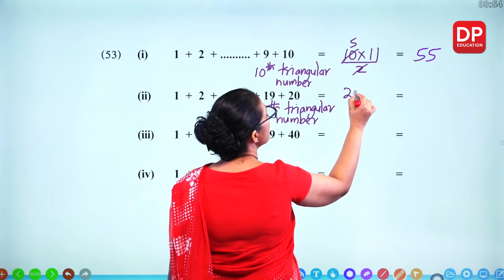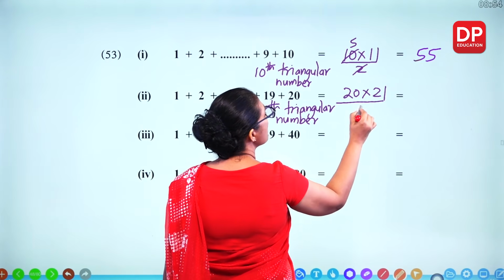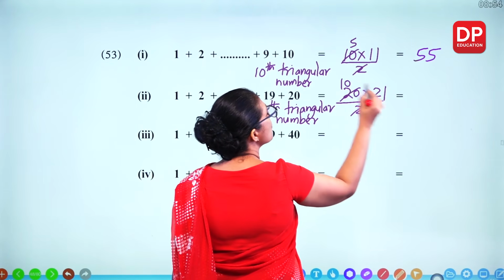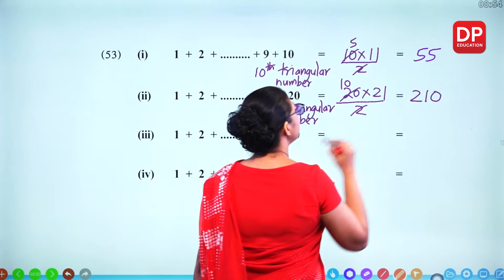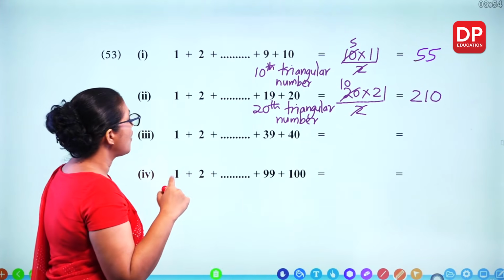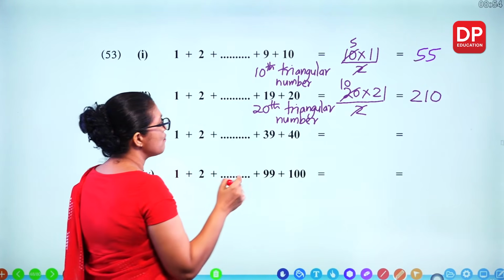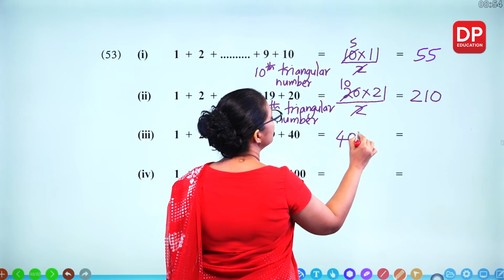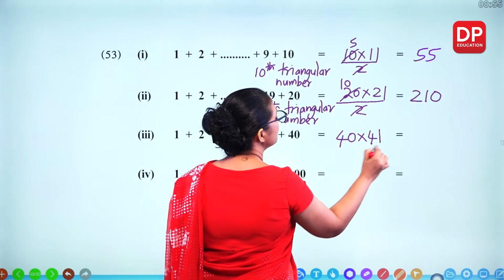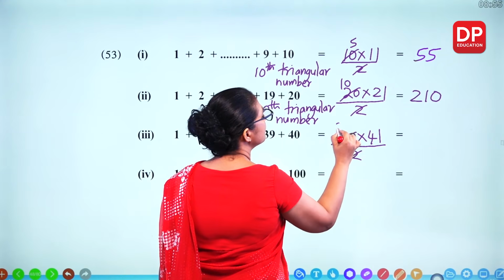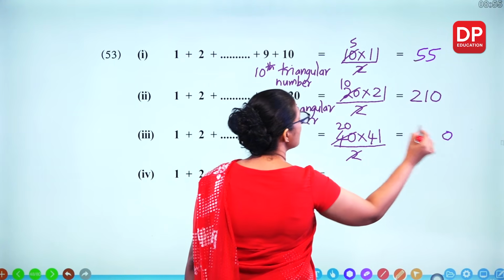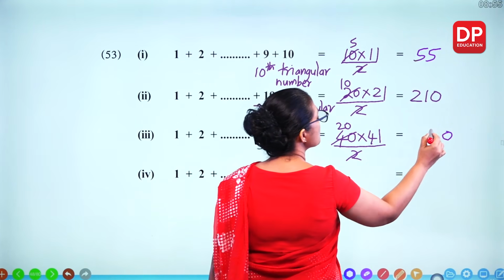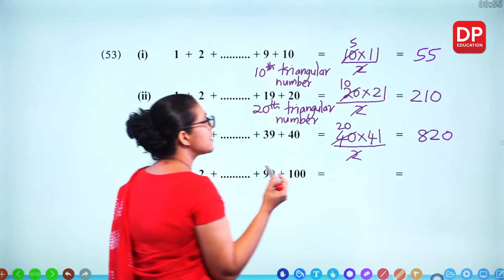So 20 times 21 divided by 2, 210. 1 to 40 addition, that's the 40th triangular number. Multiply by 2, put 0, 2 times 1, 2, 2 times 4, 8.